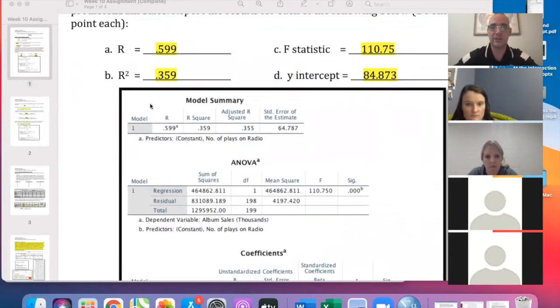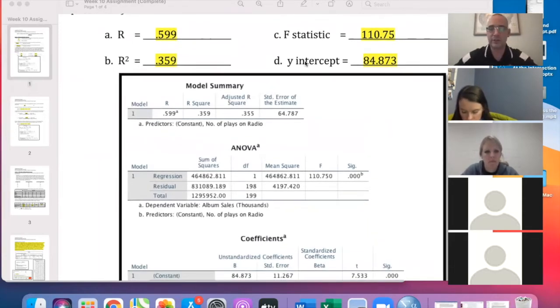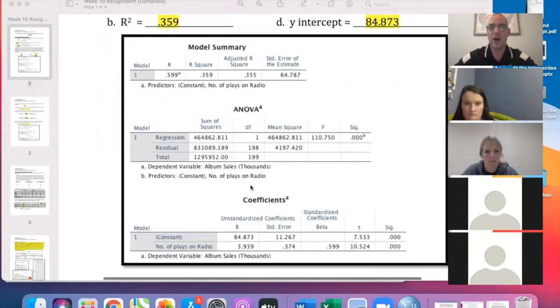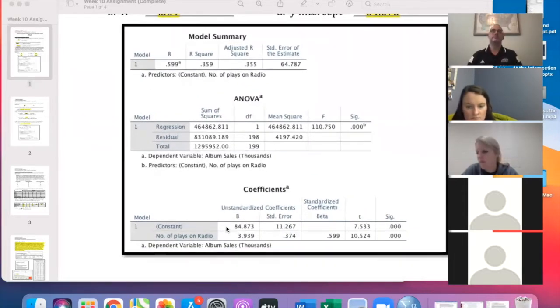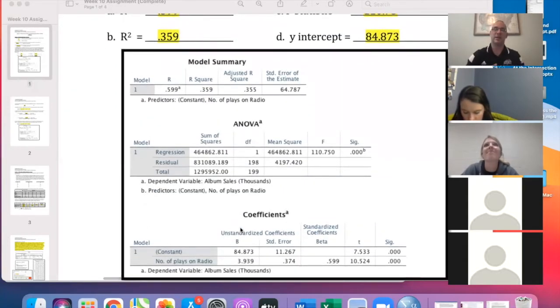Okay, so it's going to ask you about the correlation. It's going to ask you about the R squared value. And then over here, it's asking about the y-intercept. The y-intercept down here, that's our constant. It's B. Okay, this 84.873. That's our y-intercept. So y equals mx plus b.